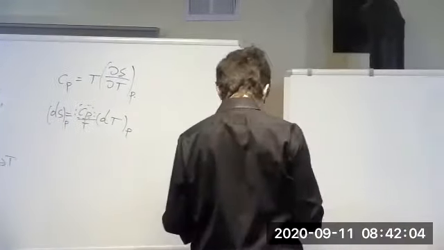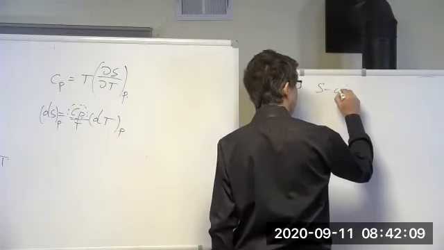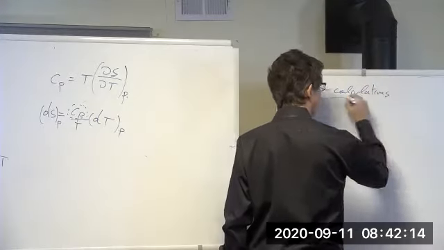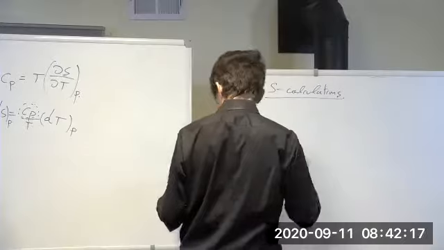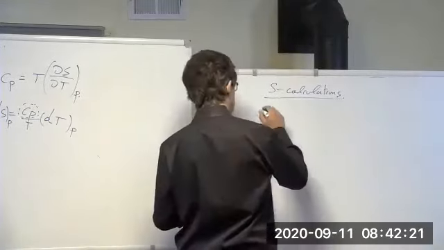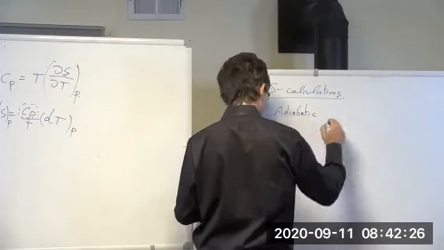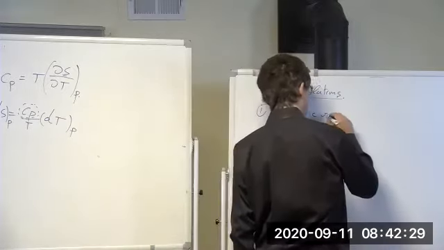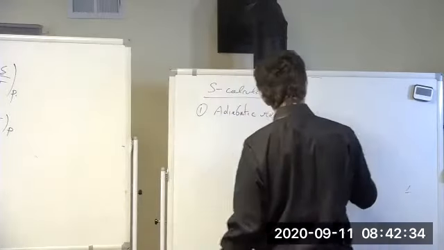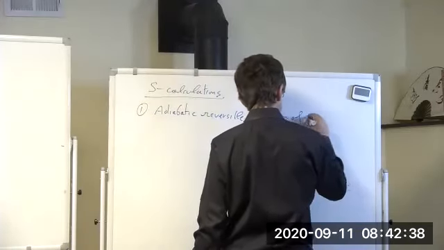Okay, let's do something practical though. Let's do a few entropy calculations, just to get the hang of it. And since we only know one system so far, let's do our favorite ideal gas system. So what's the entropy change in an adiabatic reversible expansion of an ideal gas?